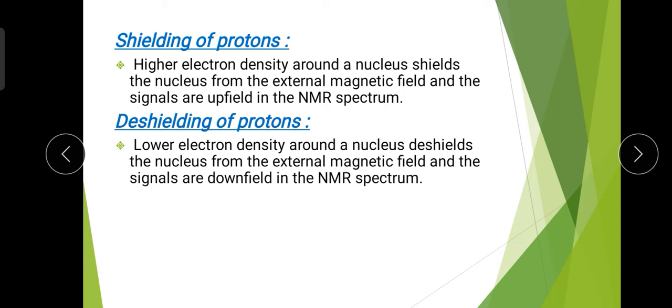That means they act like a shield, providing protection to the nucleus from the external magnetic field, and due to this shielding effect the signals are upfield in the NMR spectrum.